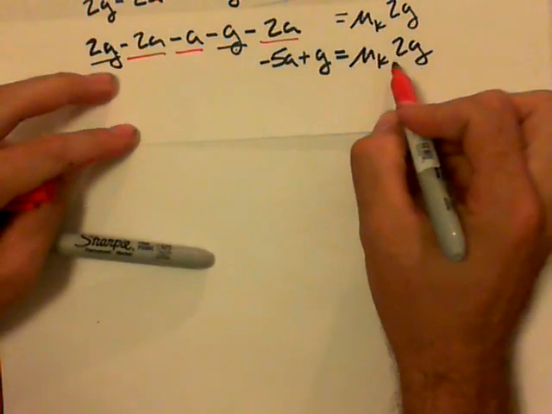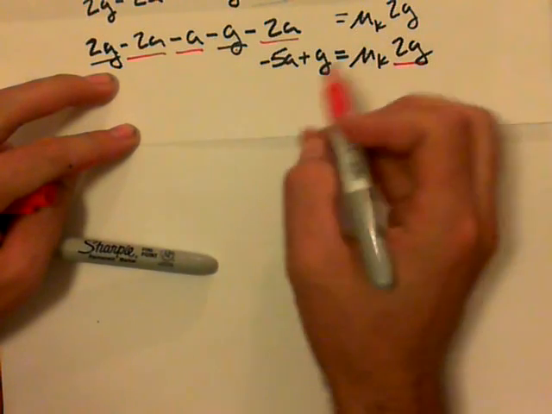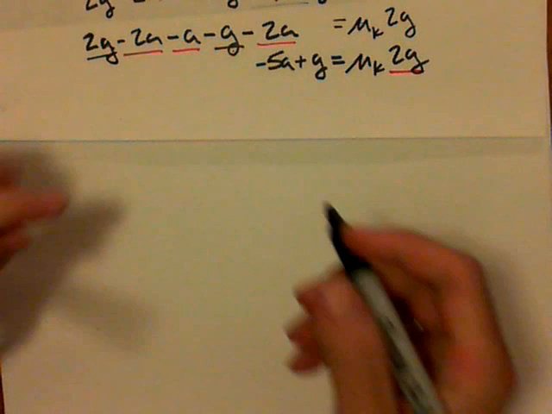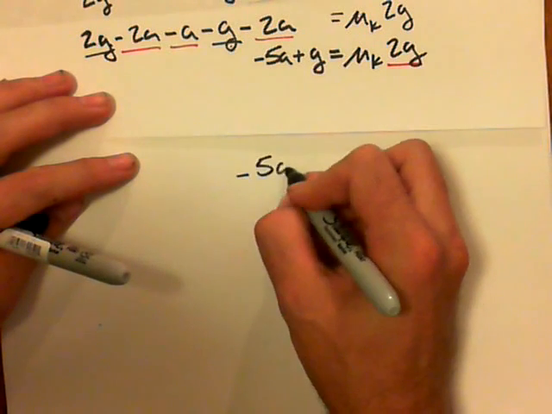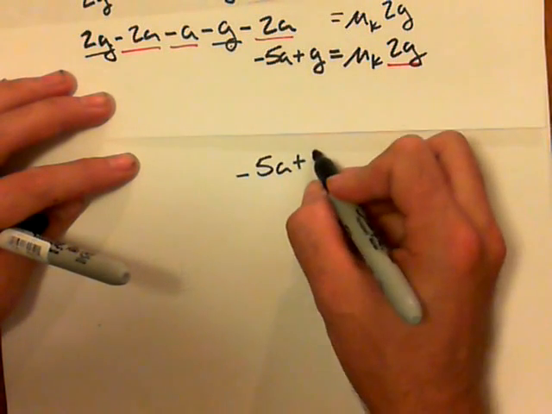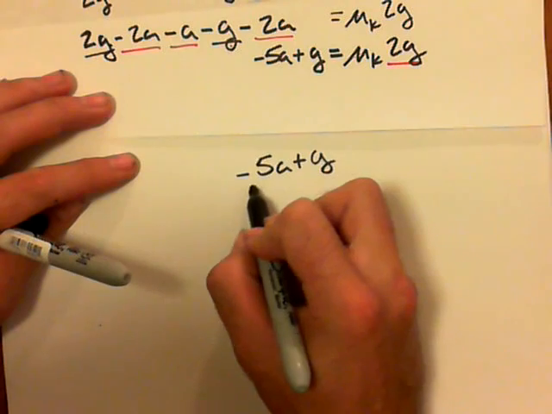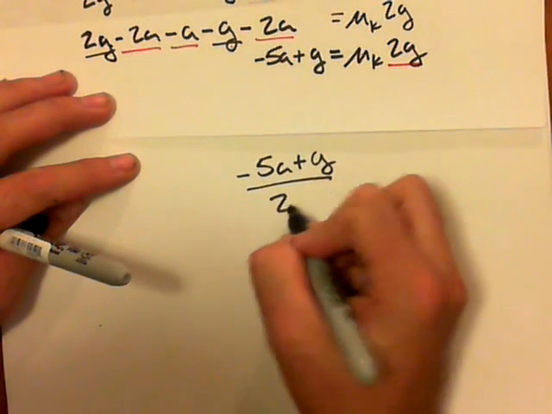So now I'm going to divide out our 2g on this side. We'll have everything in terms of our coefficient of friction. We also have numbers for everything else. So all our unknowns are gone, and now we're just left with stuff that we know what they are and we can solve for.